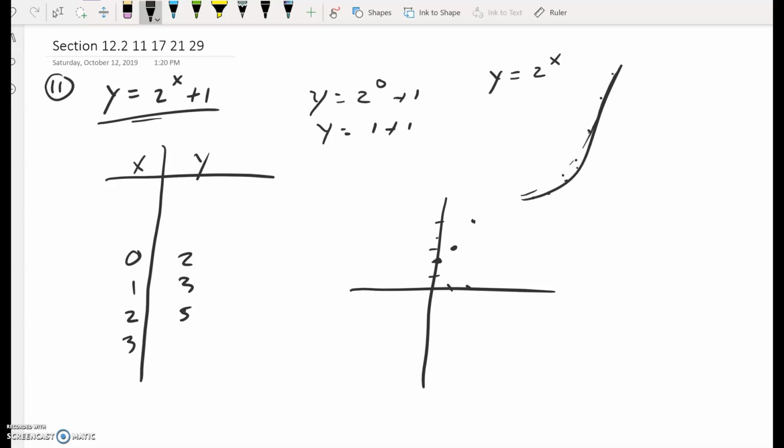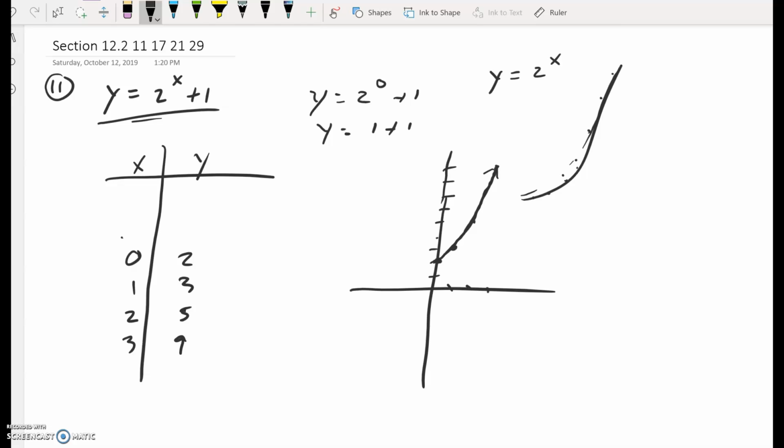When we put in 3, 2 to the third is 8, 8 plus 1 is 9. So it goes up here and we can see that exponential increase. It's really going up faster and faster. It looks kind of like the right-hand side of a parabola, but it's not.